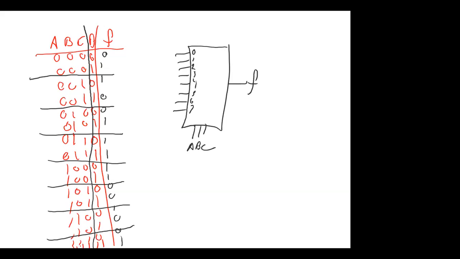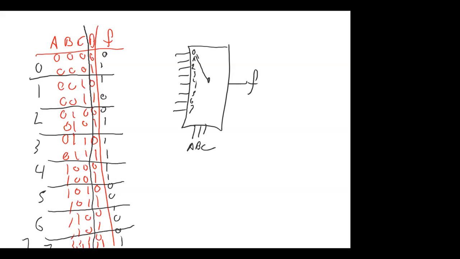And then I can number them 0, 1, 2, 3, 4, 5, 6, and 7. And now what we'll do is we'll say when A, B, and C are equal to 0, we're going to be selecting this input right in through here, the 0 input. And we want F to be 0, 1.